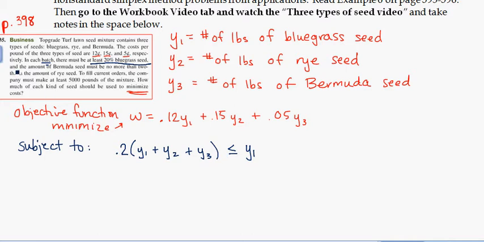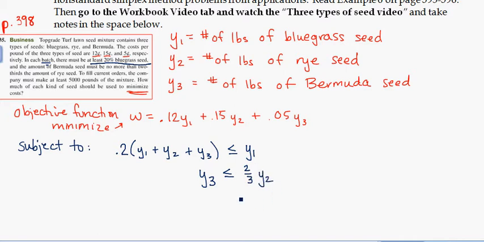All right, now let's look at the next sentence. It says the amount of Bermuda seed must be no more than 2/3 the amount of rye seed. So the amount of Bermuda seed, which is my y3, has to be no more than, another way of saying less than or equal to, 2/3 the amount of rye seed.